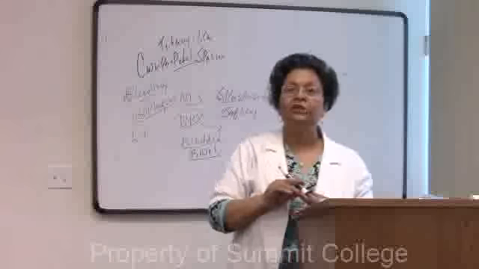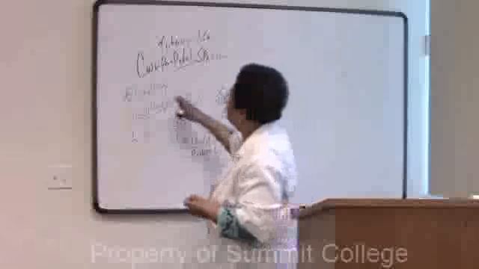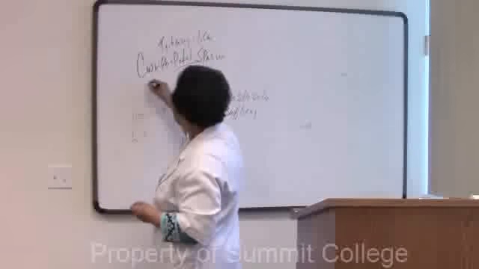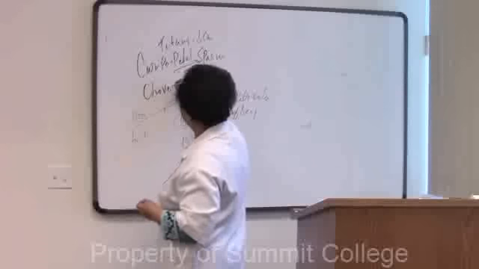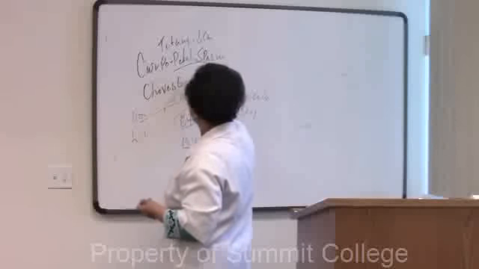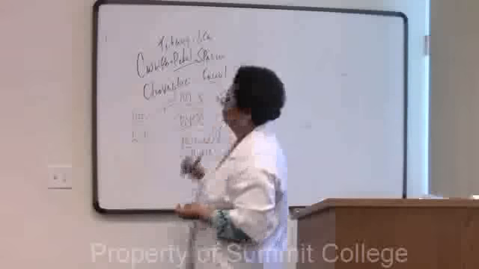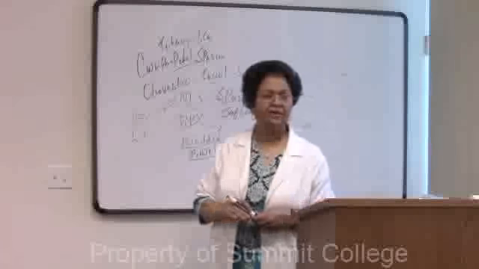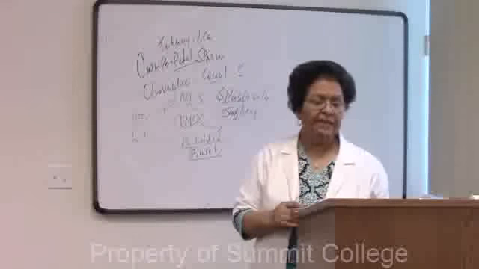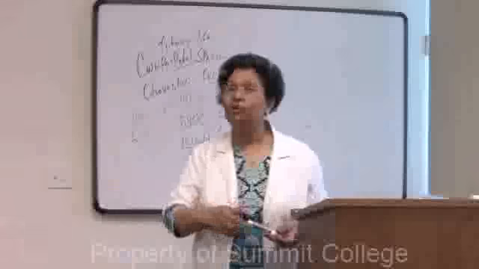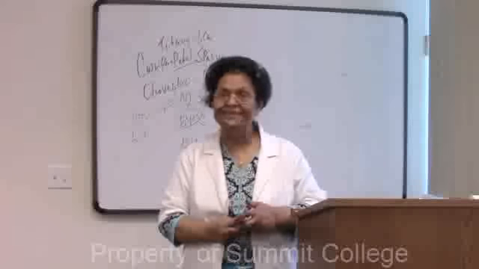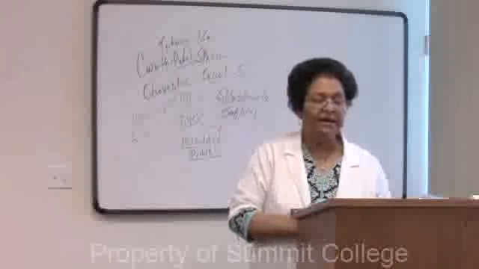You do Trousseau's sign. Write down Chvostek's sign. Also for the same, Chvostek's sign is on the face, facial, cranial nerve 5. Are we clear? You are assessing cranial nerve 5. So just highlight the word. These are good to review for answering your questions. Are we clear? And so you can write down that.